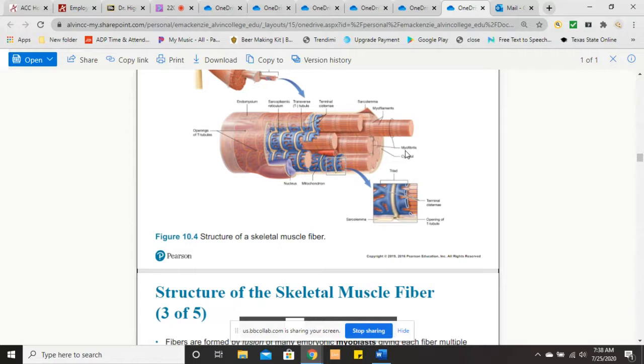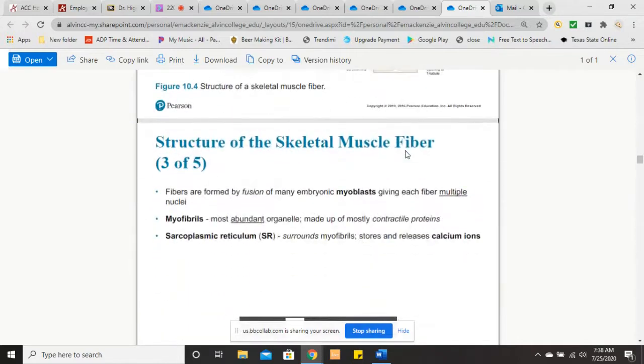It's the myofibril that will do the shortening. So when you go to the gym and lift a dumbbell and do a bicep curl, you're pulling on your bone by contracting your muscle cells, mainly by contracting your myofibrils inside the cells.